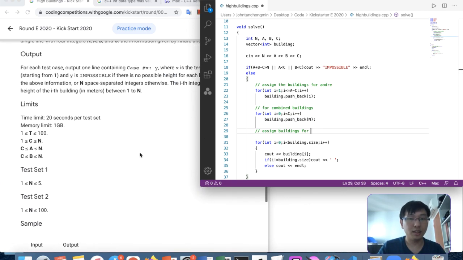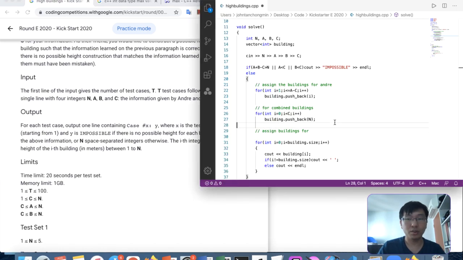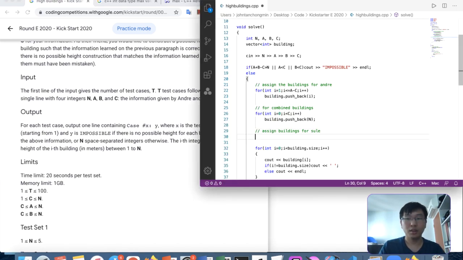So the B case is Sul, so assign buildings for Sul. We need to basically make sure that Sul can only see certain buildings. Maybe what we can do is we just assign those that you can see first.